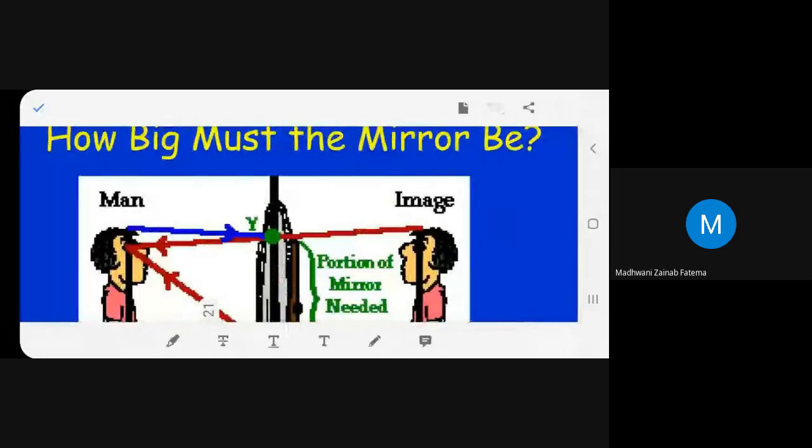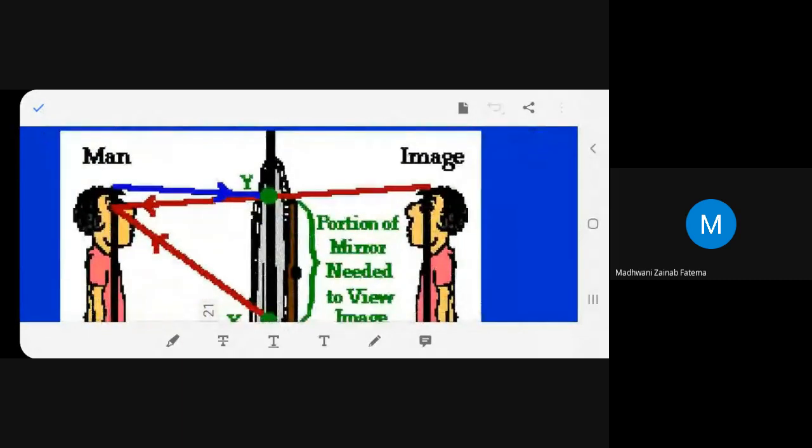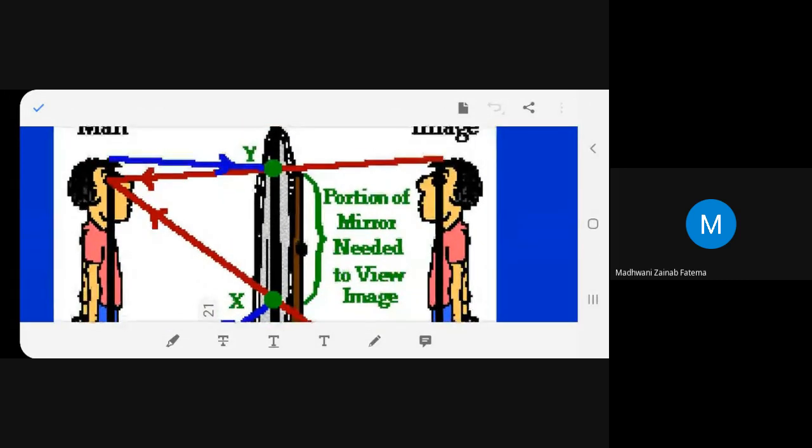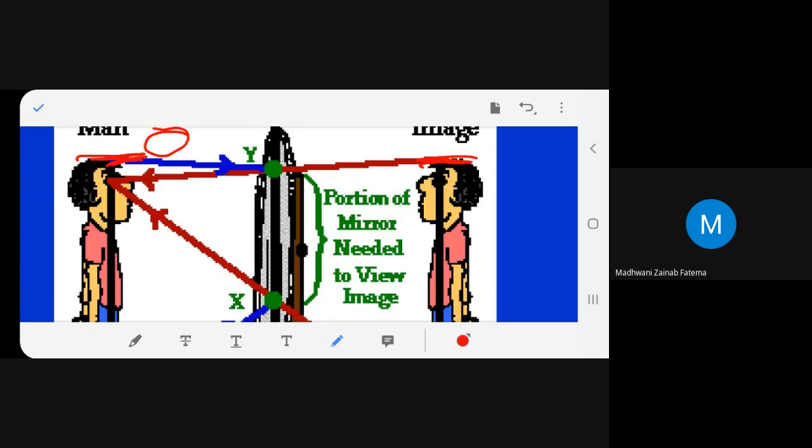How big must the mirror be? Now you are standing here, for example, any man is standing over here. Can you see this? The height remains the same. This is the object and this is the image. Your height remains the same.